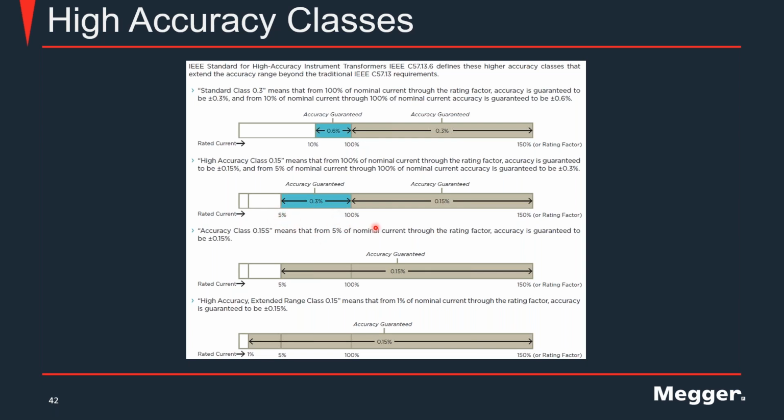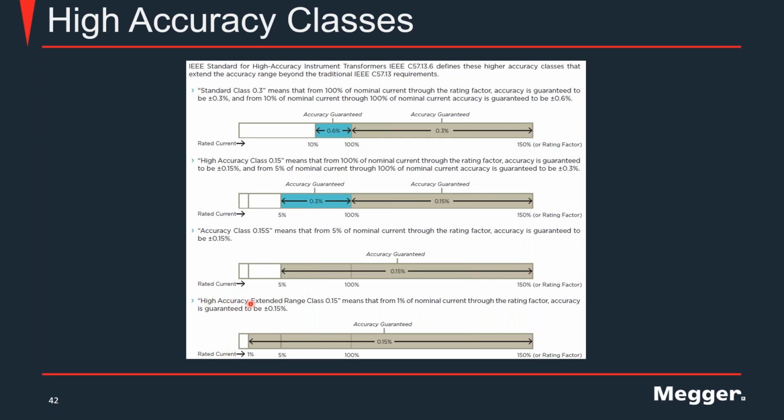For example, this one goes from 5% to 100% with 2 different accuracy classes, and for example, the accuracy class 0.15S has to guarantee 0.15% between 5% and 100% and 150% of nominal.